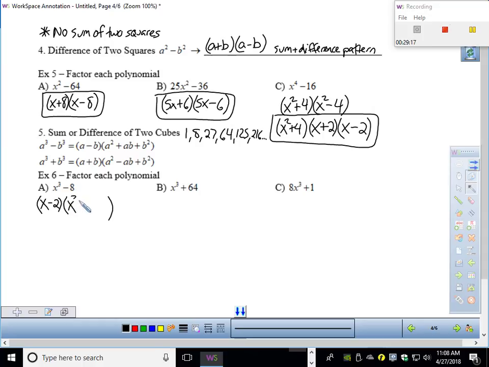Well, it's got to be x squared, right? On the back end is where we would have -2 times something would have to give you the -8. So everybody, -2 times what would give you -8? And I hope you'd agree, -2 times +4 would give you -8.